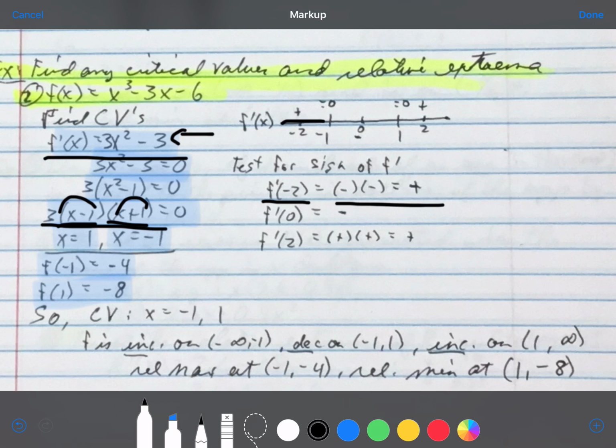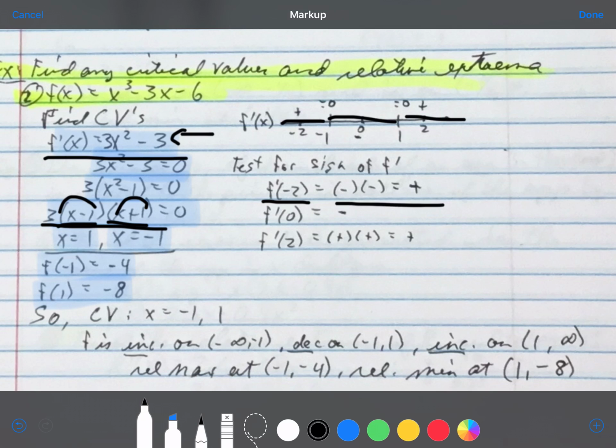So between negative 1 and 1, I chose 0. 0 is always a convenient point to plug in. If we plug that into f prime, that'll give us negative 3, so that is negative. Plug in 2, that was my test point that I chose on this interval. Plug 2 into our derivative, we do end up with a positive value. Right?